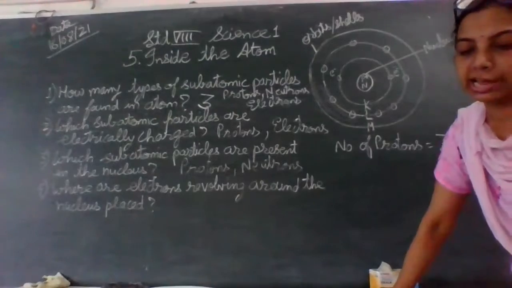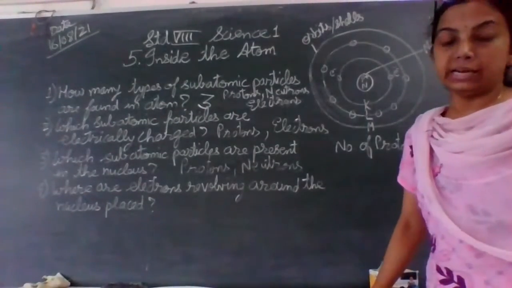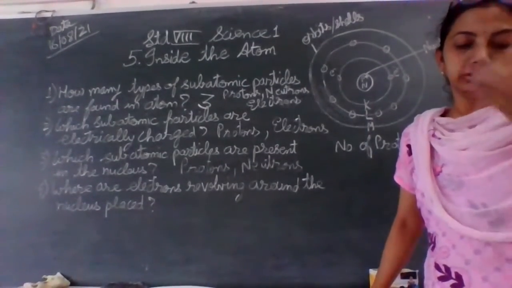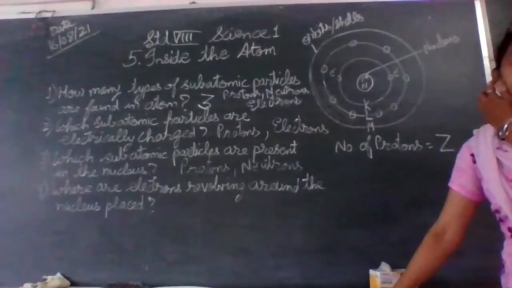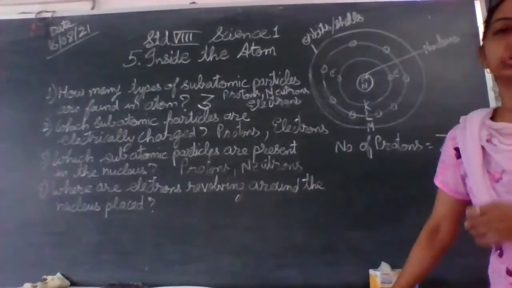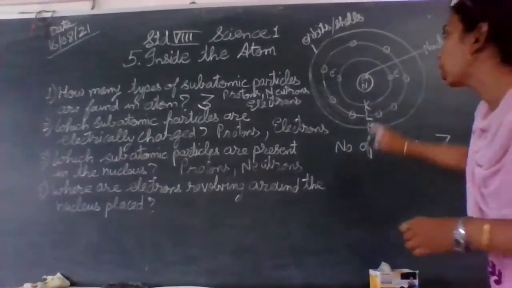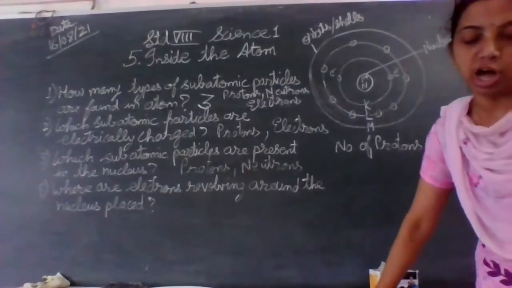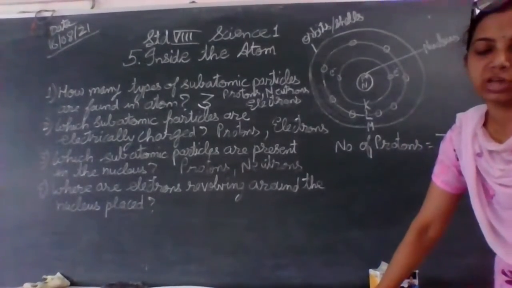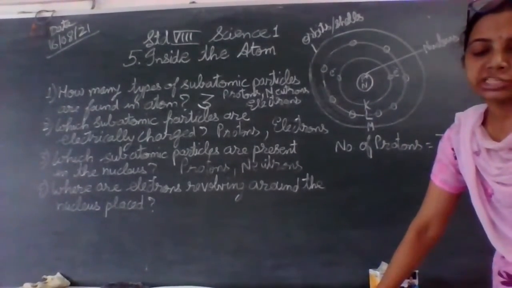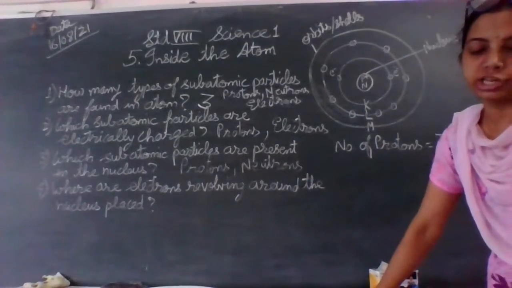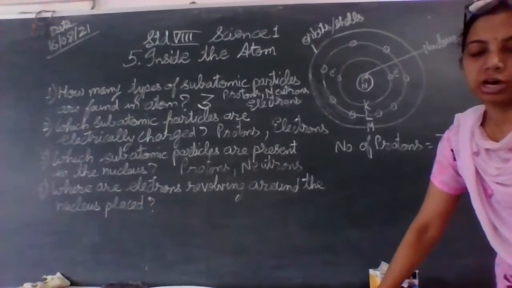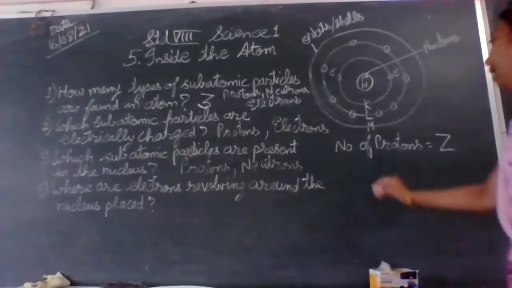The mass of the electron being negligible, the mass of the atom is mainly due to the protons and neutrons, which are strictly confined in the nucleus of the atom. The mass number is denoted by the symbol A.